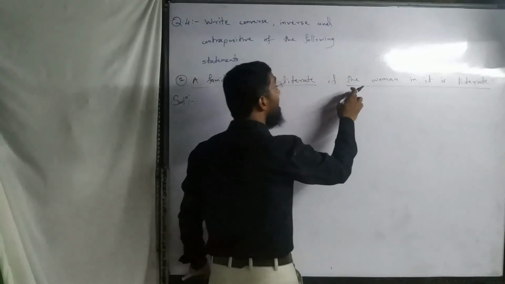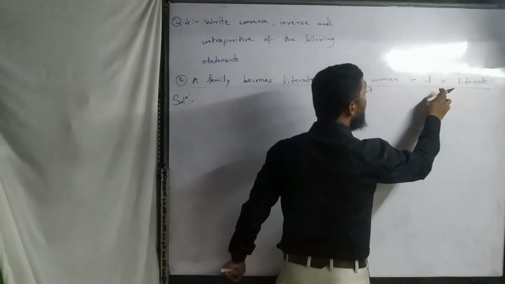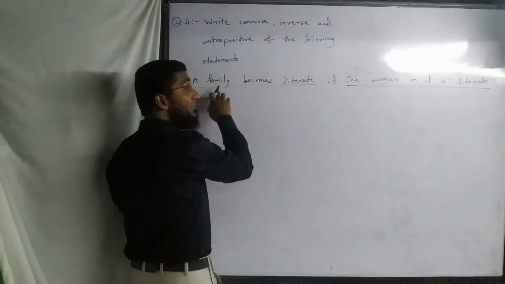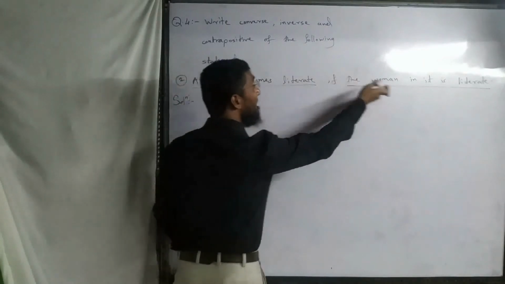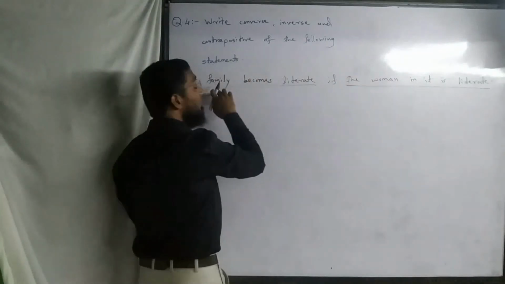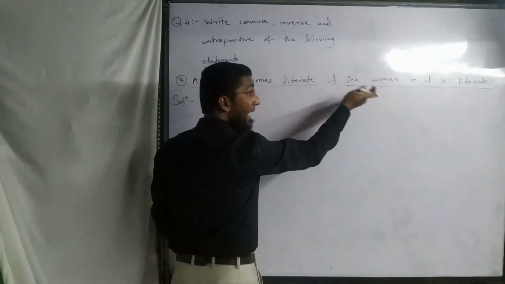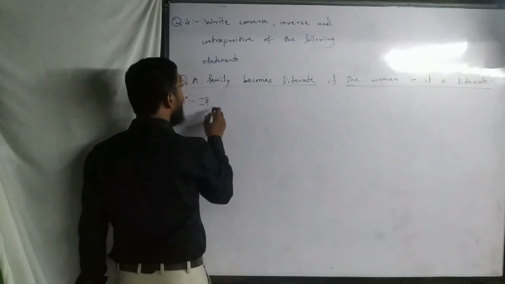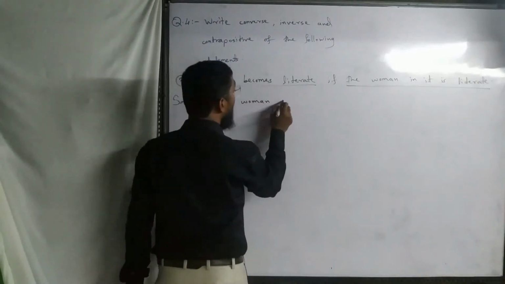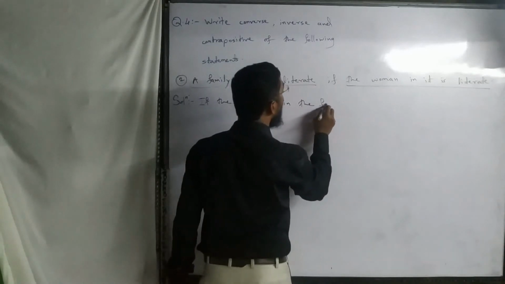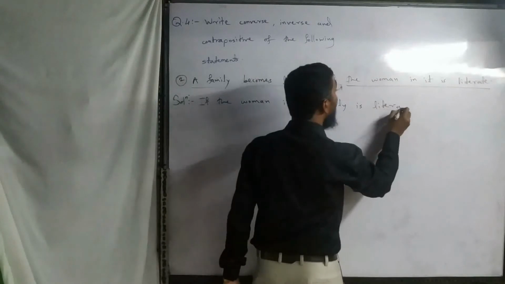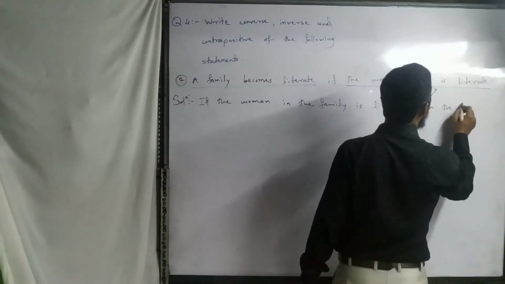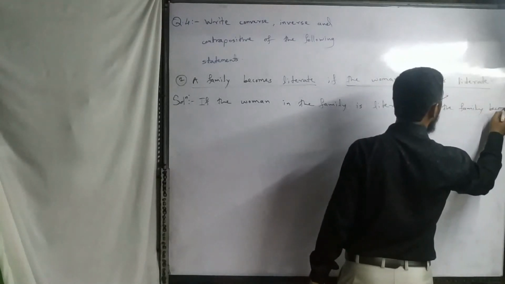Here the second component, the woman in the family is literate, is connected with if, that means it is the hypothesis, and the first component is the conclusion, which depends on the hypothesis. So the conditional statement is: if the woman in the family is literate, then the conclusion is the family becomes literate.